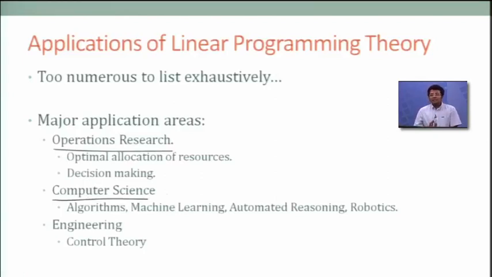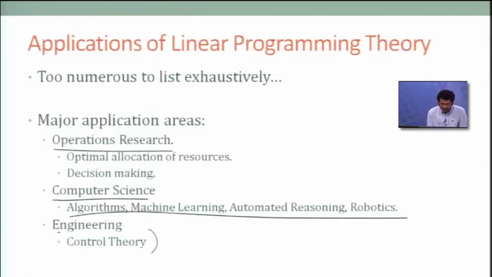In all these fields, linear programming is a central algorithm. It's this one case which is solved, which is beautiful, which everyone understands, and then comes all the bad complexity and everything else. So linear programming remains at the core of many of these things.